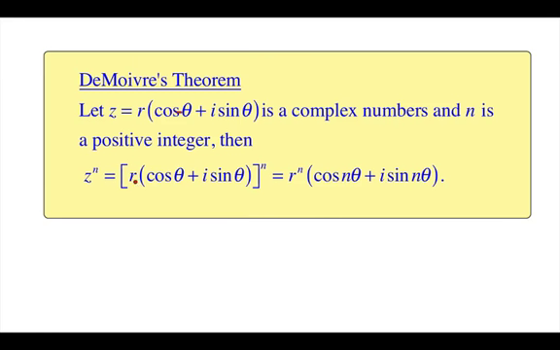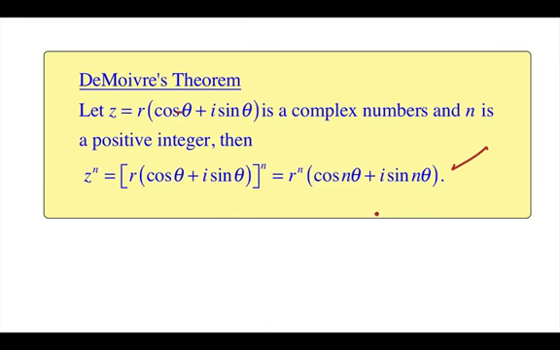All you need to do is take the power that you're raising the complex number to, take the radius, raise it to that power, and then cosine of n times the theta, I sine n times the theta. Very nice formula. This French individual, De Moivre, came up with this.